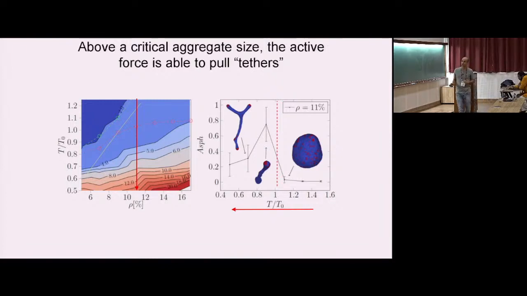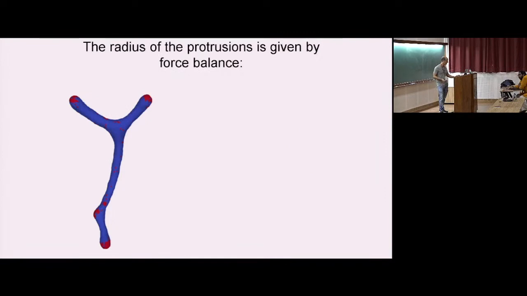There's a clear transition. And you can ask yourself again, can we do some calculation here which will explain to us what's going on? So indeed, you can do this force balance calculation, which I think by now is easy for you.